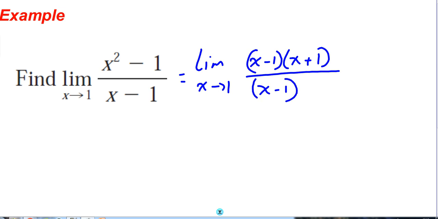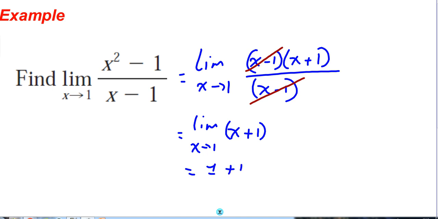And now this will cancel with that to give us the limit as x approaches 1 of x plus 1. And that's a polynomial. We simply substitute 1, so it is 1 plus 1, which is 2. So the limit as x approaches 1 for that function is 2.